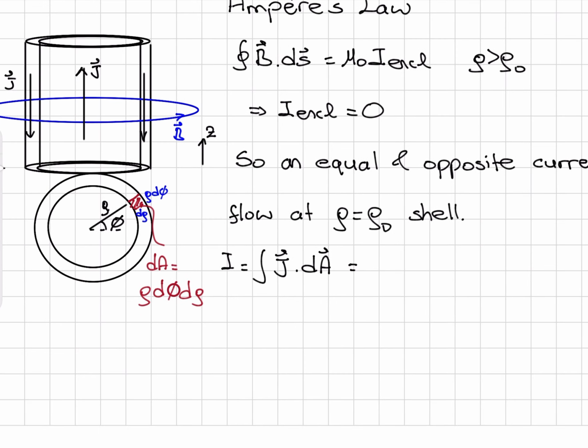Now if I write the area vector dA as rho d phi, and the current must be flowing perpendicular to this area, the area vector defined by this shell is going to be in the minus EZ hat direction, because the current has to flow in the opposite direction.